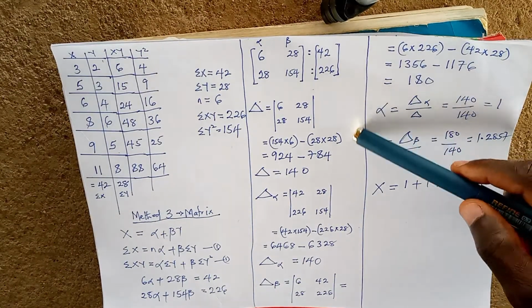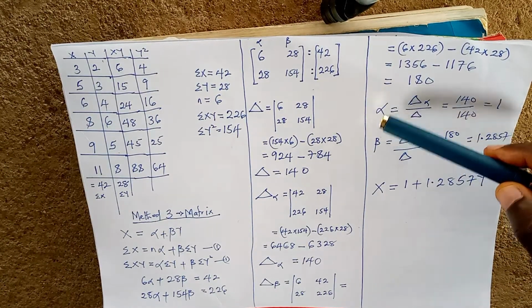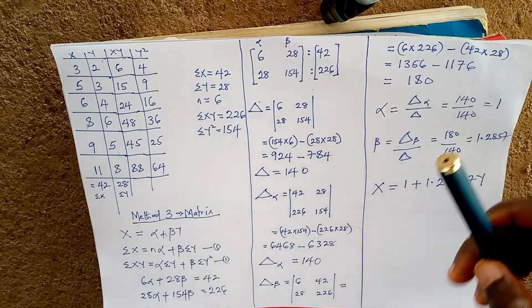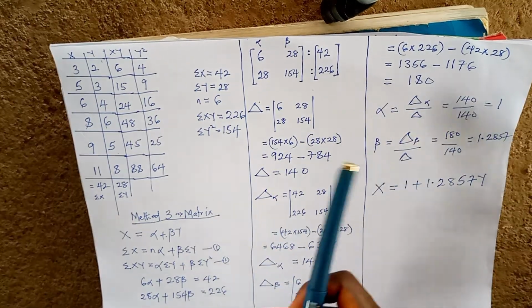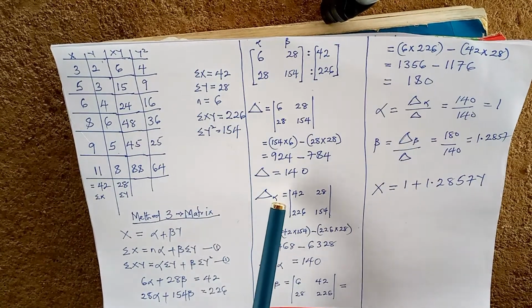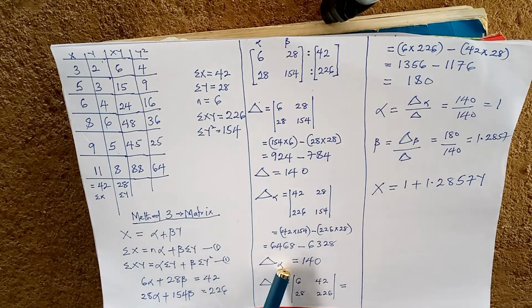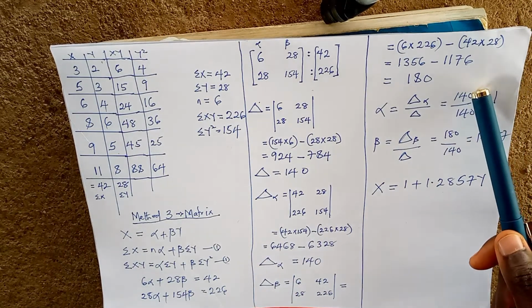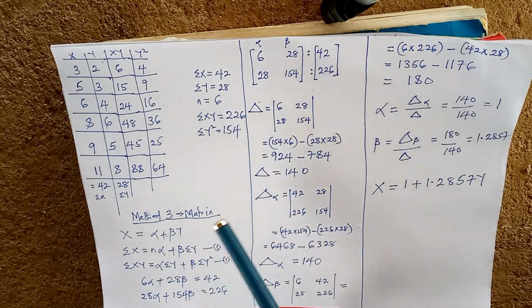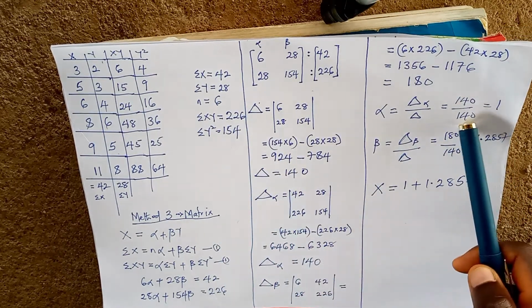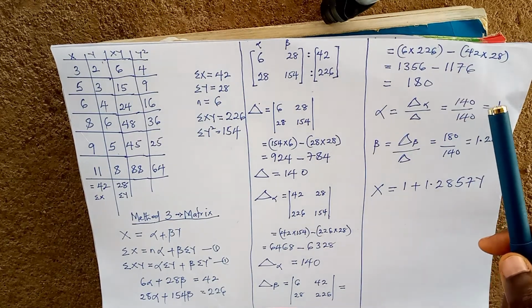Now we need the value of alpha. Alpha is the determinant of alpha divided by the general determinant. The determinant of alpha is 140 and the general determinant is 140, so dividing gives us 1.